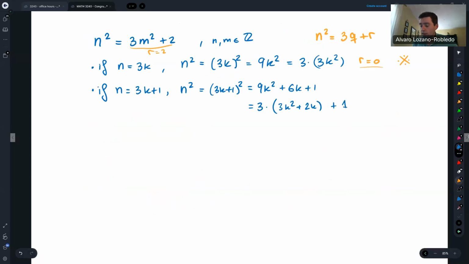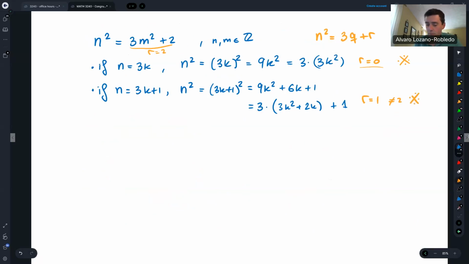So you see that now n squared is a multiple of 3 plus 1. So the remainder of dividing by 3 would be 1, which is not 2, like we had claimed here. So that is not possible.